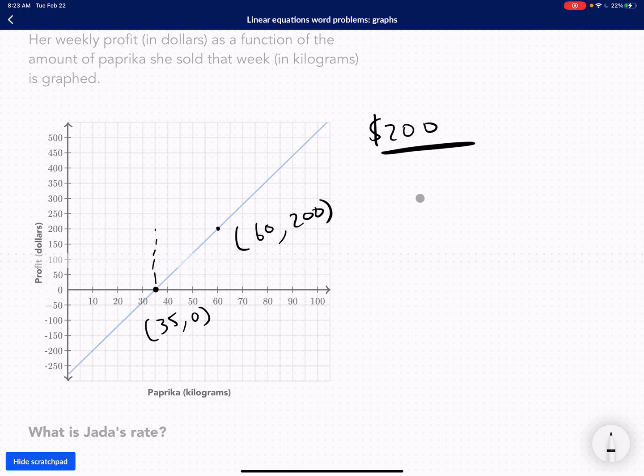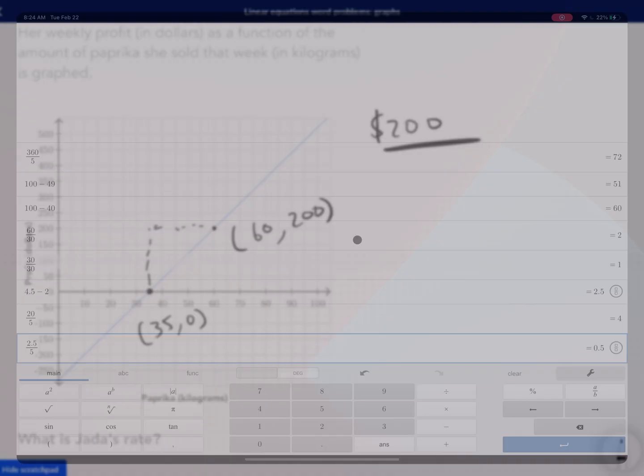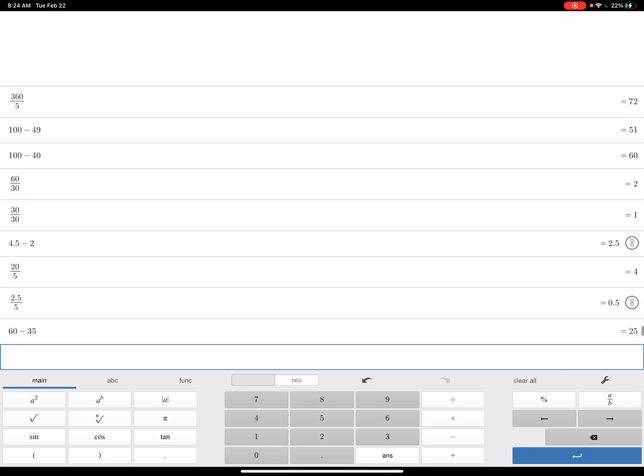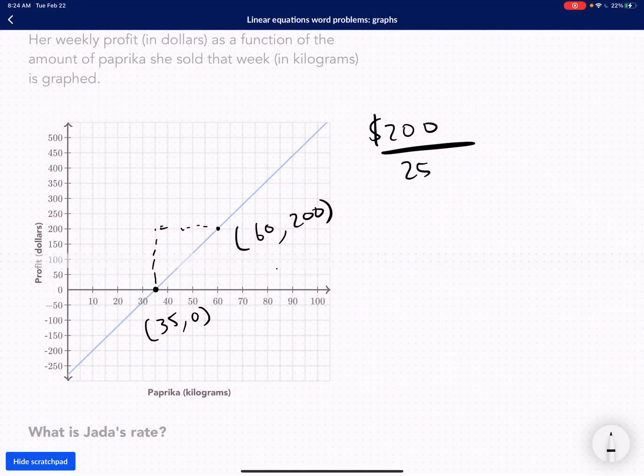And then what's my run? My run is from 35 to 60. To find the difference, we do 60 minus 35, and that gives us 25. So the rise is $200 and the run is 25 kilograms.